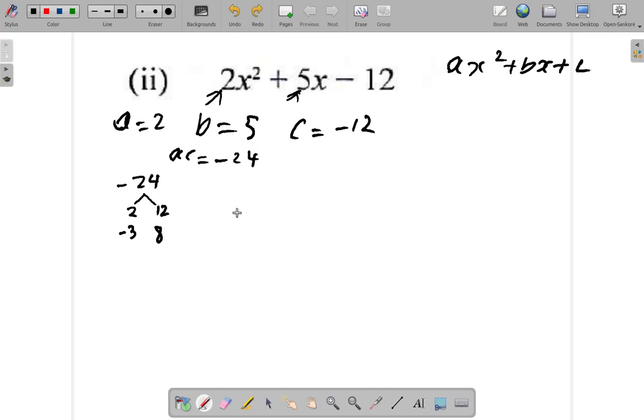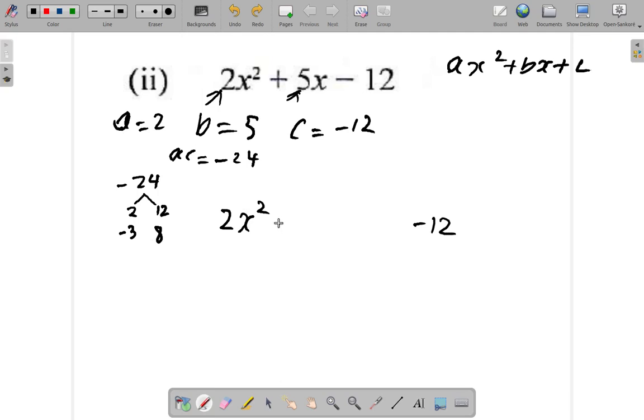Good. So what you will do, at one end you have 2x squared, at the other end you have minus 12. What happens in the middle? You're going to put the 5x, break it up into negative 3 and 8. Negative 3x and 8x. It doesn't matter which one you put in front.